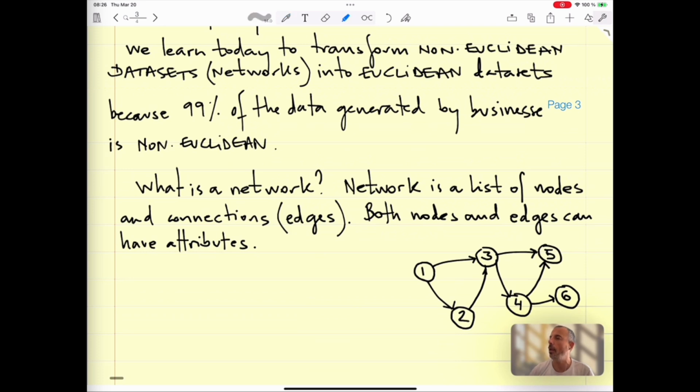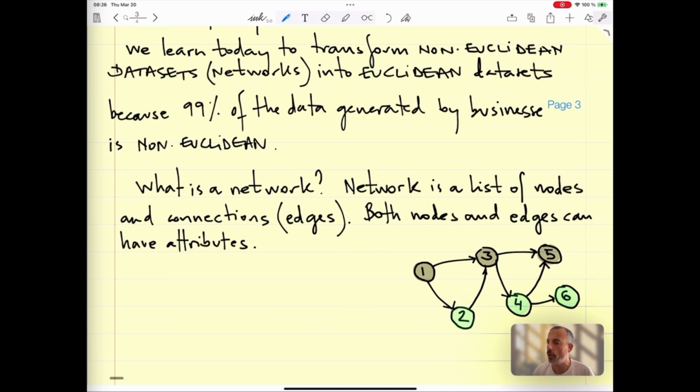And then let's say 1, 3, and 5 are this color, and 2, 4, and 6 are this color. So the colors are the attributes, if you wish.